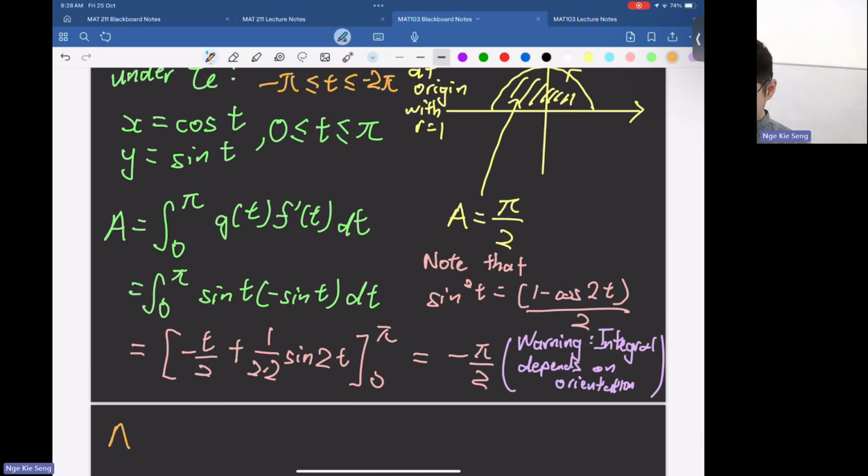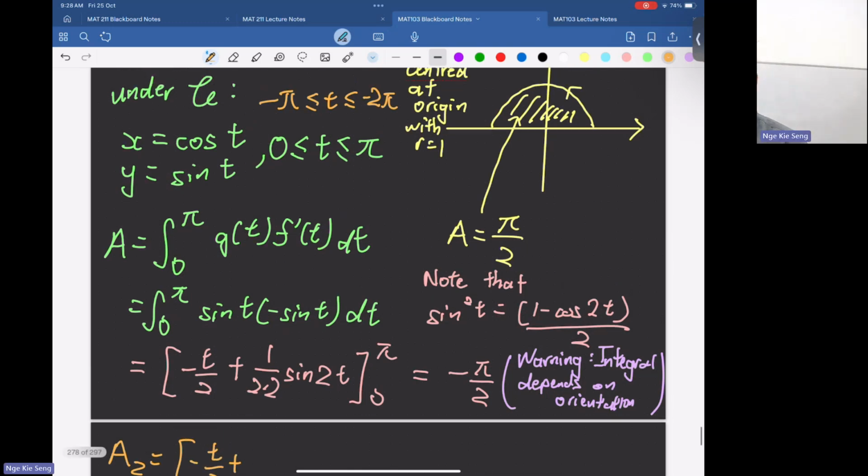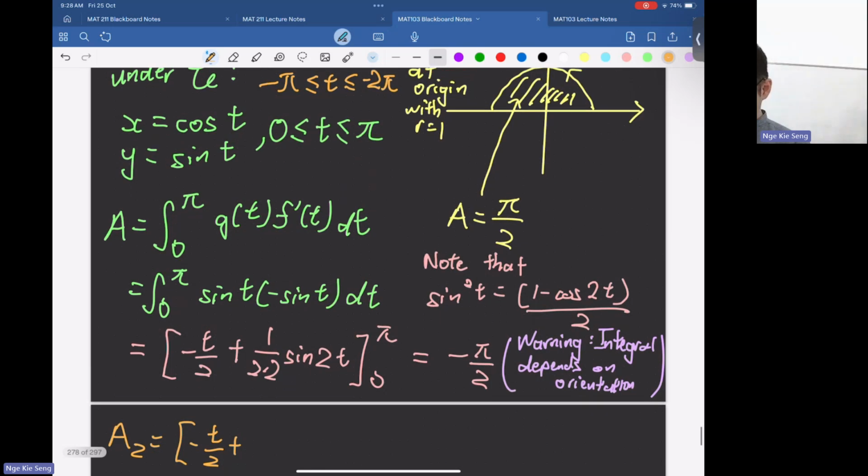If we get pi over 2, I wanted to compute quickly, but we cannot. Never mind. You get 2 pi?